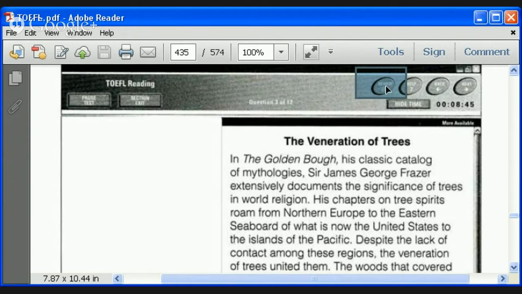This will display a list of all the questions and which ones you've answered, and it will show which questions you have not answered, and you can click on each specific question. Oh, I didn't answer question 3. You click on 3, and it takes you back to that question. In other words, for your second pass, this is a shortcut.